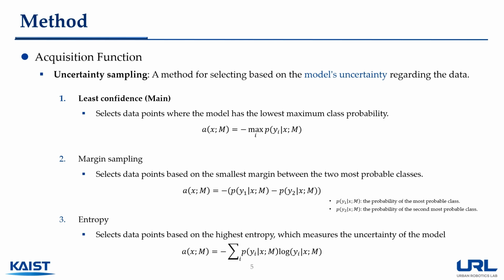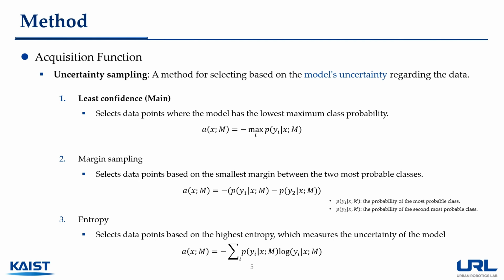This is the acquisition function. In this paper, the classic uncertainty sampling is used. Uncertainty sampling is a method for selecting data based on the model's uncertainty regarding the data. It consists of least confidence, margin sampling, and entropy.